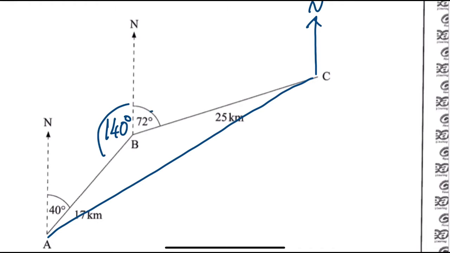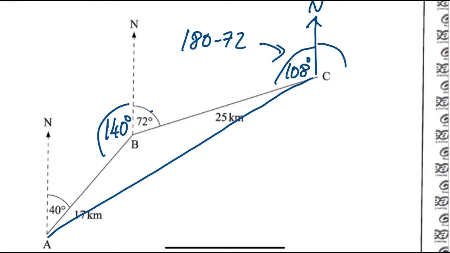If that's 72, then this angle you could work out as 180 minus 72, and that's going to be 108 degrees. So that's what that angle in here is going to be.